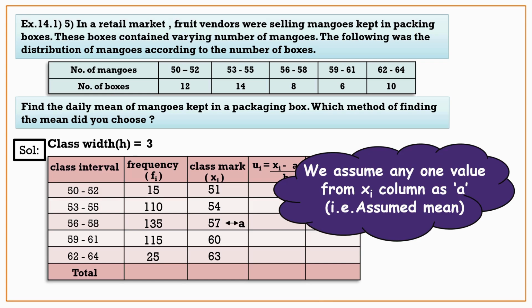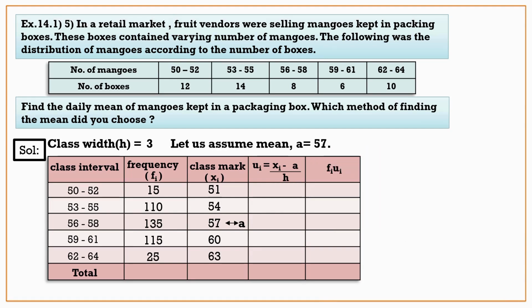Now you have to consider an assumed mean value over here, that is the middle one. Now replace this, then find the ui values. Now let's find the fi ui.